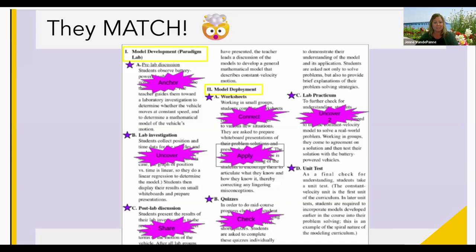And then we practice that with worksheets, taking the quizzes or those assessments, and if you need to, continue on with another lab and then eventually a unit test. But look, with those splashes, I connected it to those steps that are in MyStar built in already for you.